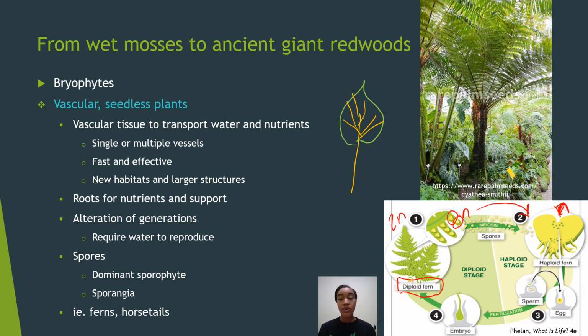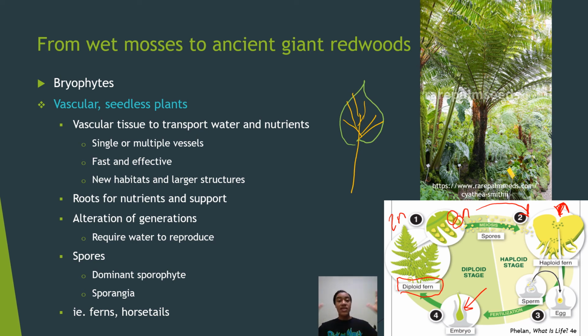This haploid gametophyte will then produce sperm and egg, and when water is involved, it allows the sperm to swim to the egg. Once the sperm fertilize the egg, we end up with our zygote, which will develop into a mature embryo within the female structures, just like we saw in mosses.